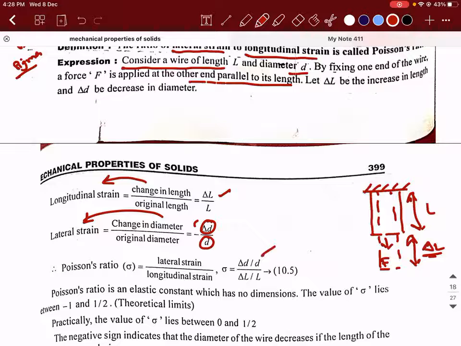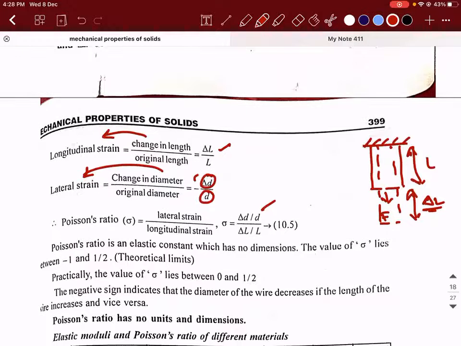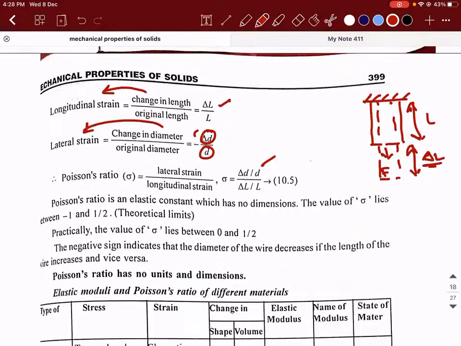Are you able to understand? So Poisson's ratio is an elastic constant for a wire. Obviously, it has no dimension because it is a ratio of strain to strain. And the value of sigma will lie between -1 to half. These are the theoretical limits. So you need to have this in your mind. Okay.